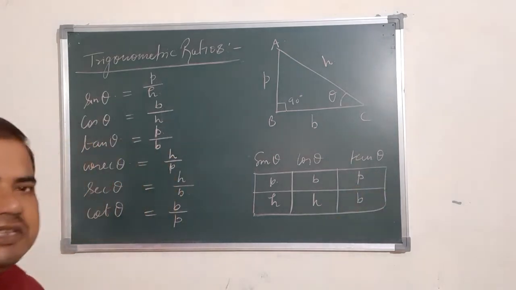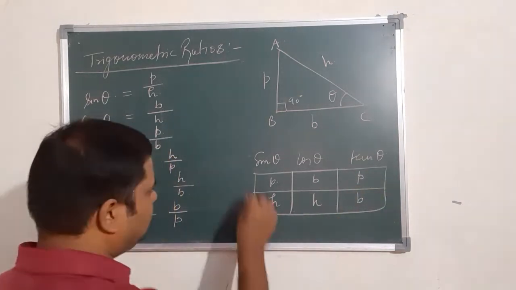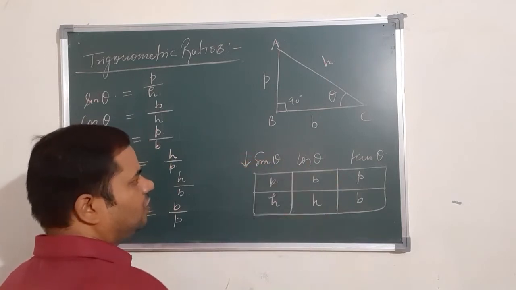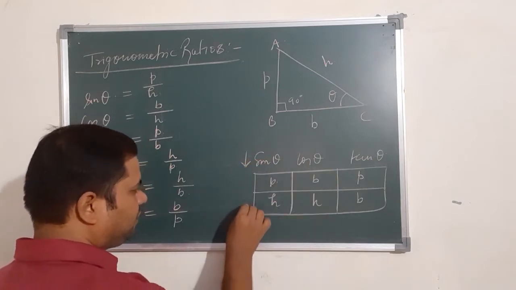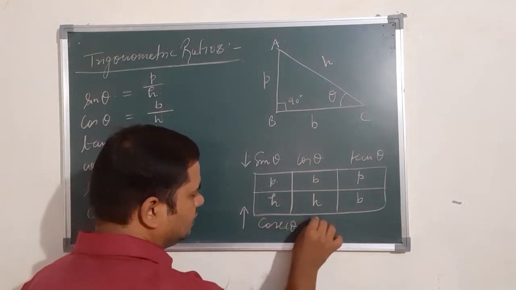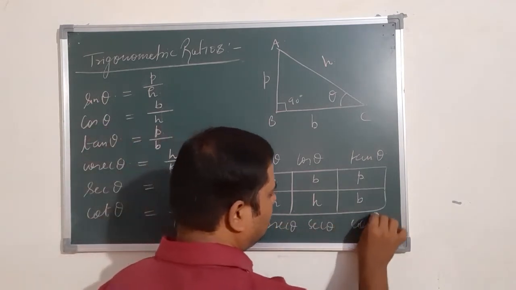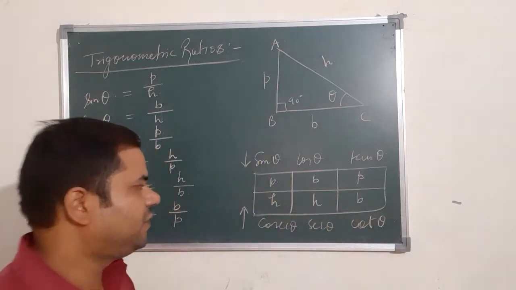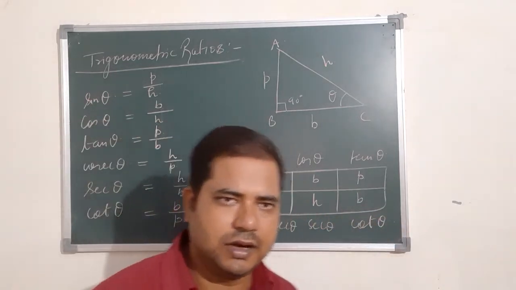So this is an easy way to learn. In this direction, this is sin, cos, and tan. But if we take the reverse direction, this is cosec, sec theta, and cot theta. So this is a very easy method to learn it.